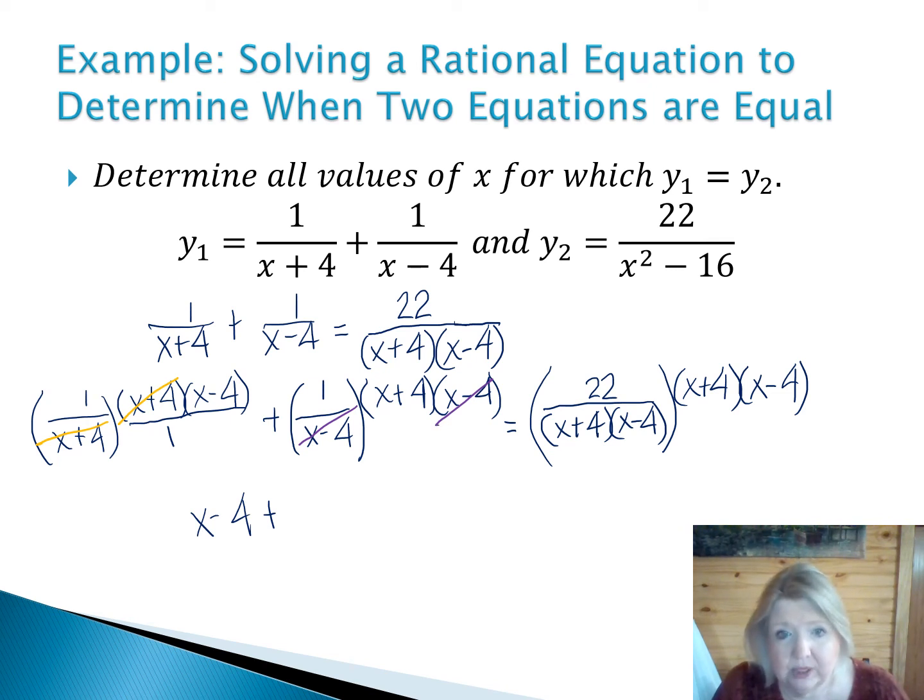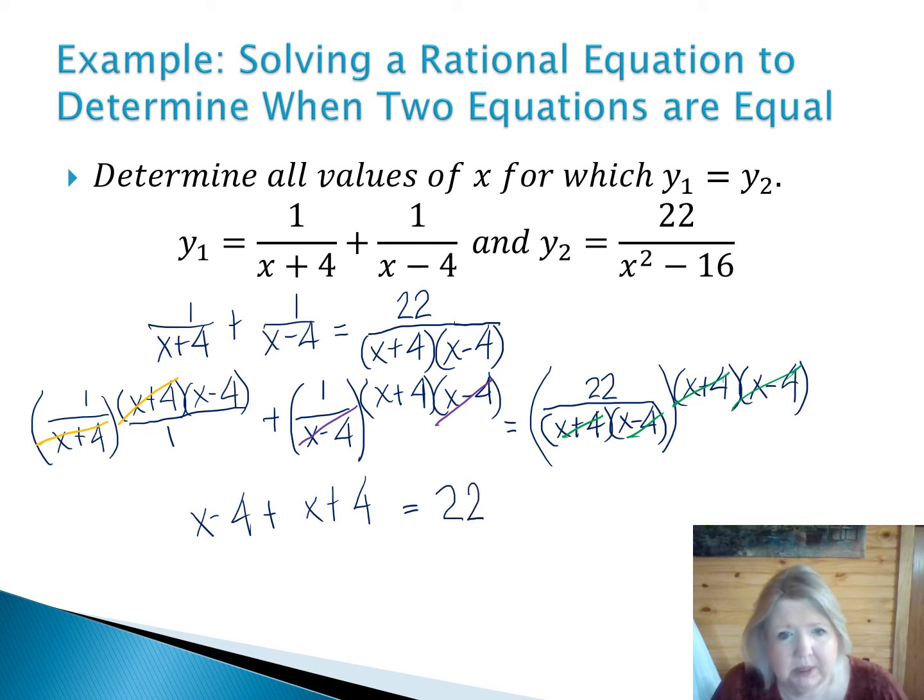Any number over itself is 1. And what that leaves me is x plus 4 equals, on the right hand side of the equation, x plus 4 over itself is 1, x minus 4 over itself is 1. That leaves me very simply with 22.